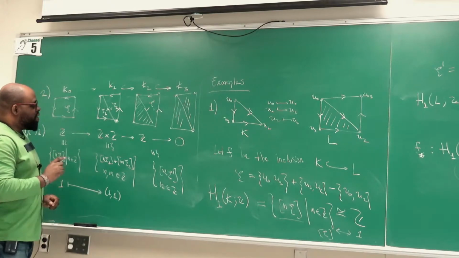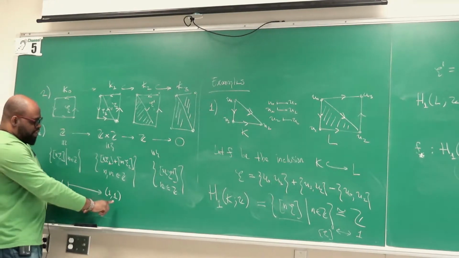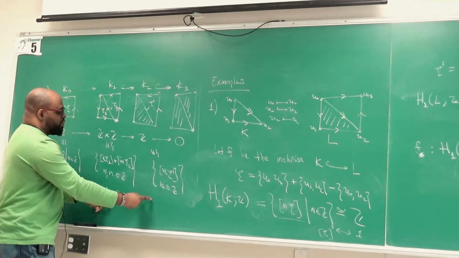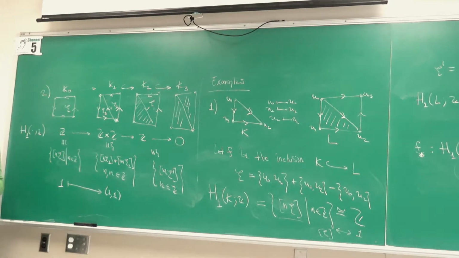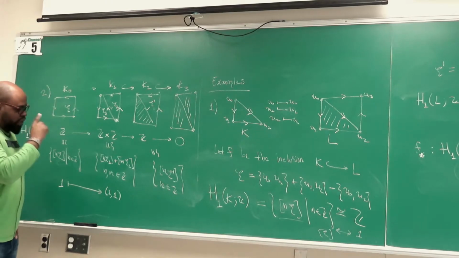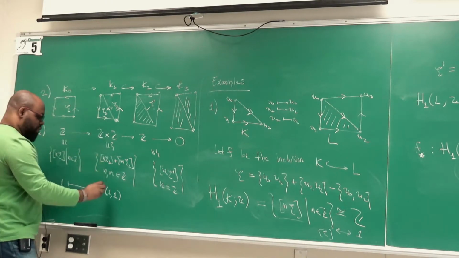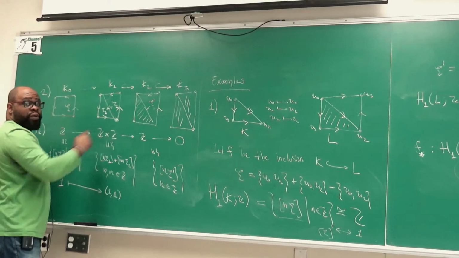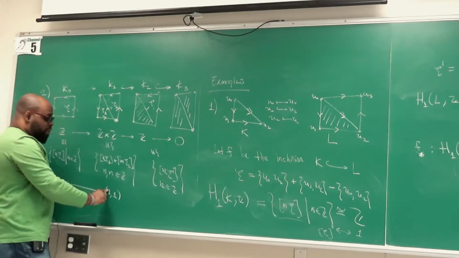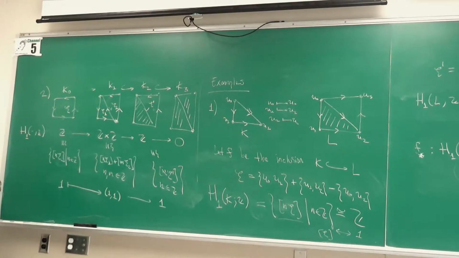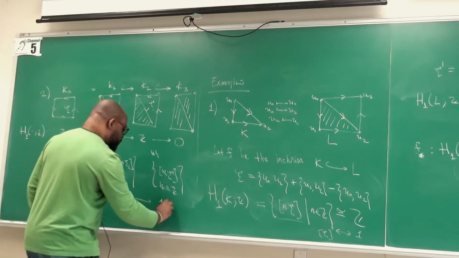Okay, cool. So now that we're here, you can look at 1 comma 1. Where does 1 comma 1 go in here? As we saw, this is the one that we did before, where this guy went to 0. So 1 comma 1 goes to 1, and then 1 goes to 0.